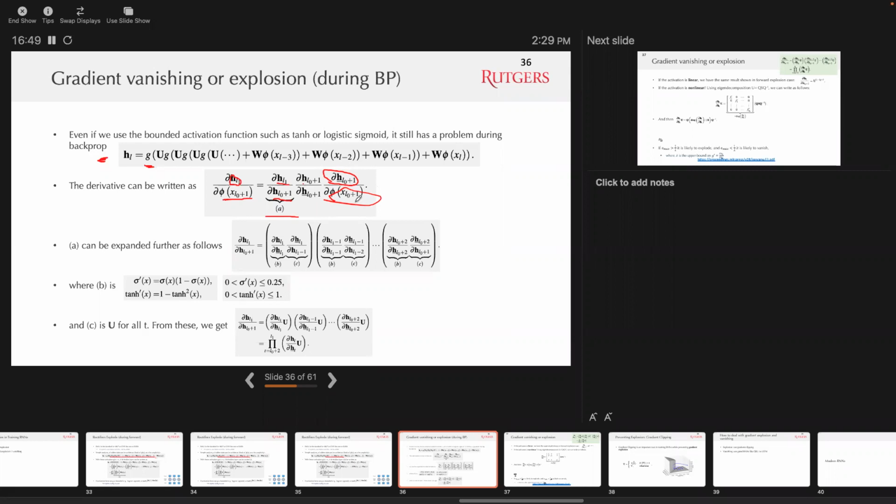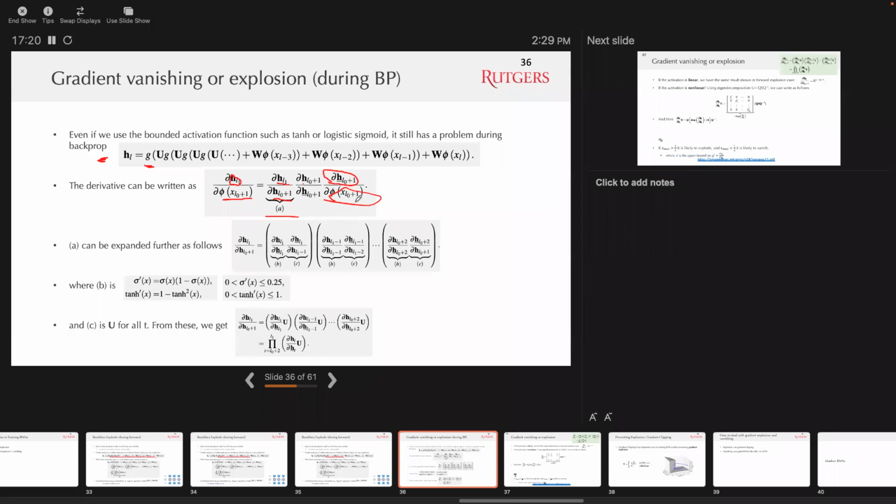So to compute the gradient of h4 with respect to, for example, x1, you will need to compute three terms. So this is h4 with respect to h1, times h1 with respect to h1 underline, times the gradient of h1 underline with respect to x1.